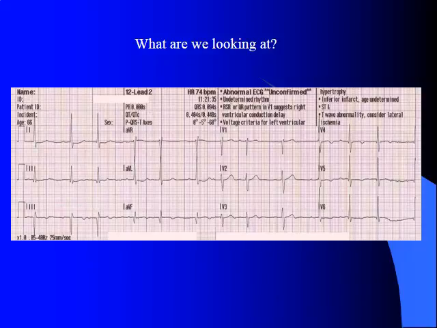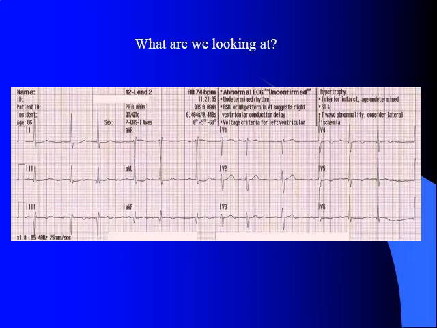So whenever we do our 12 lead, what are we actually looking at? We've already kind of discussed what we're looking at in relation to leads 1, 2, and 3, and then our augmented voltage leads are right, left, and foot. Remember that these are cameras. We're just looking at different parts of the body.